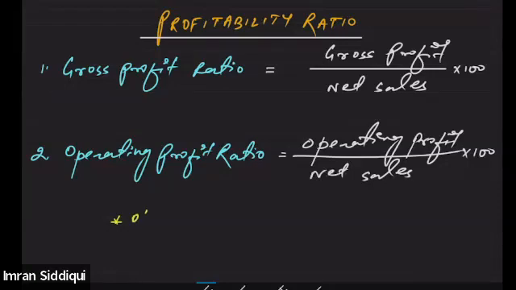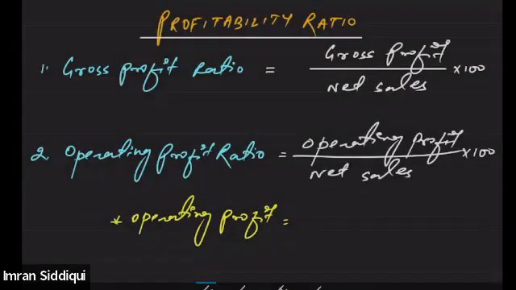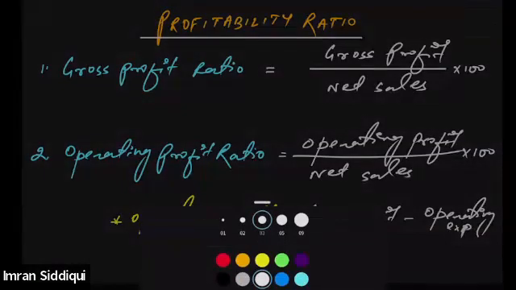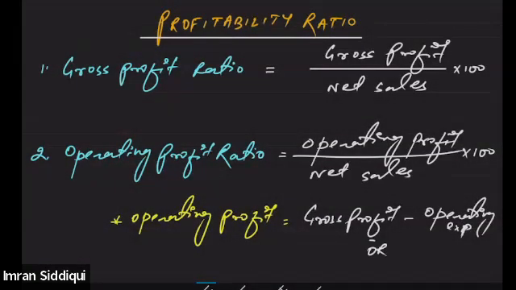To find out the operating profit, what do we need? It will be gross profit minus operating expenses. And there is an alternate formula of this as well.